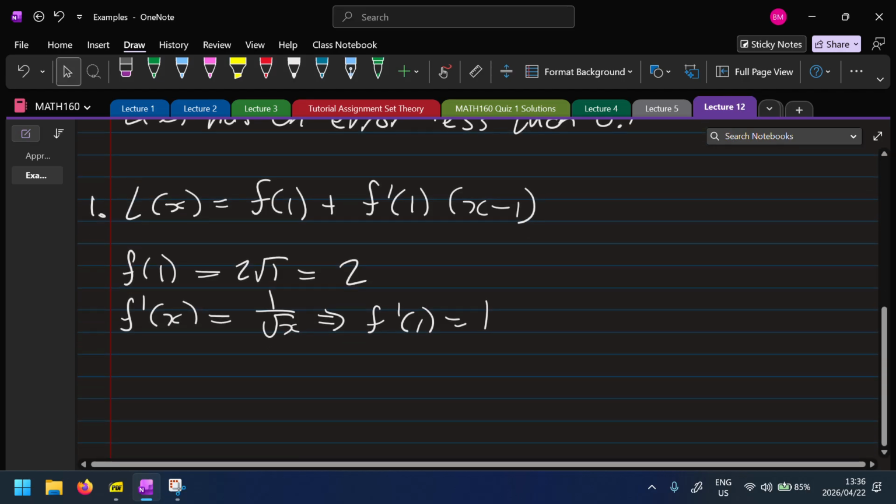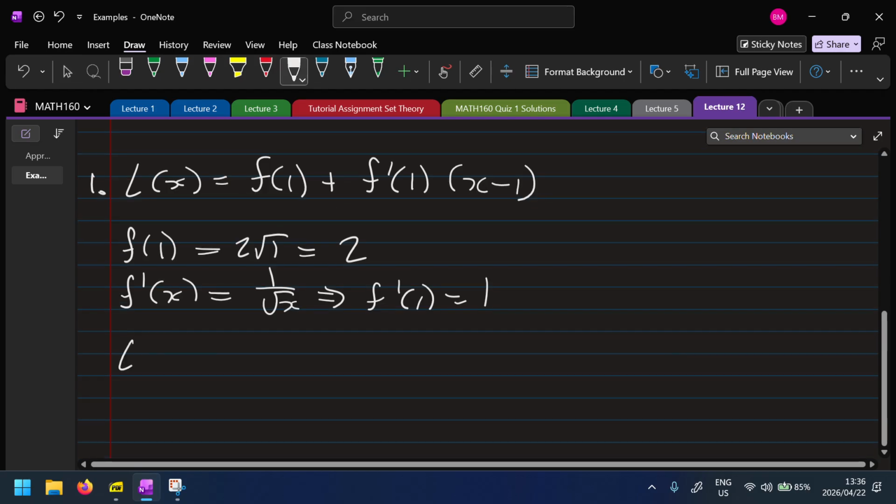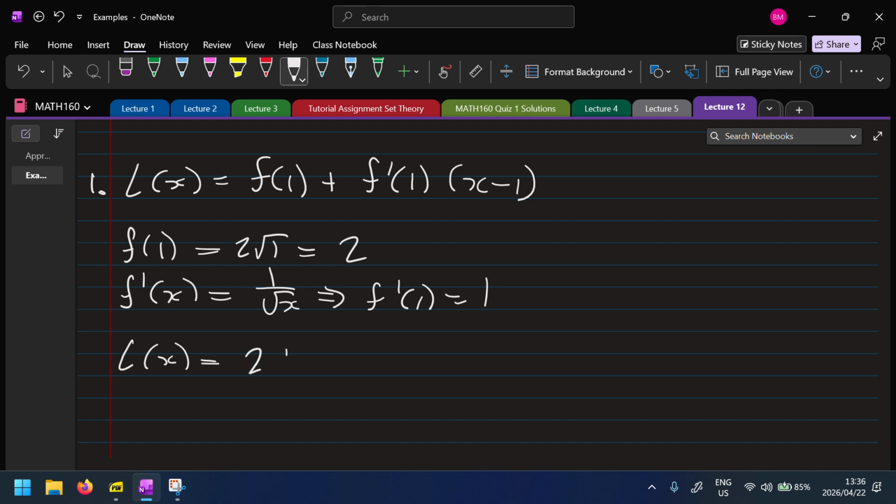So we have what we need. Let's substitute into the equation above. L of x is the function value at 1, which is 2, plus the gradient at 1, which is 1, times x minus 1. So we get the following straight line.